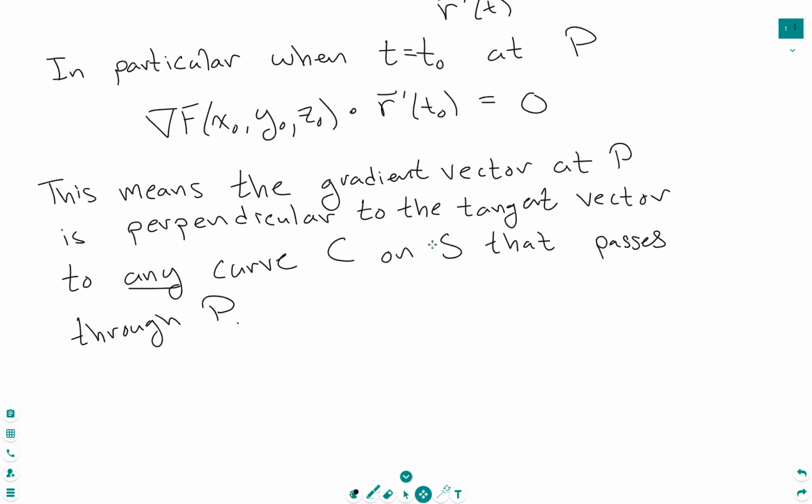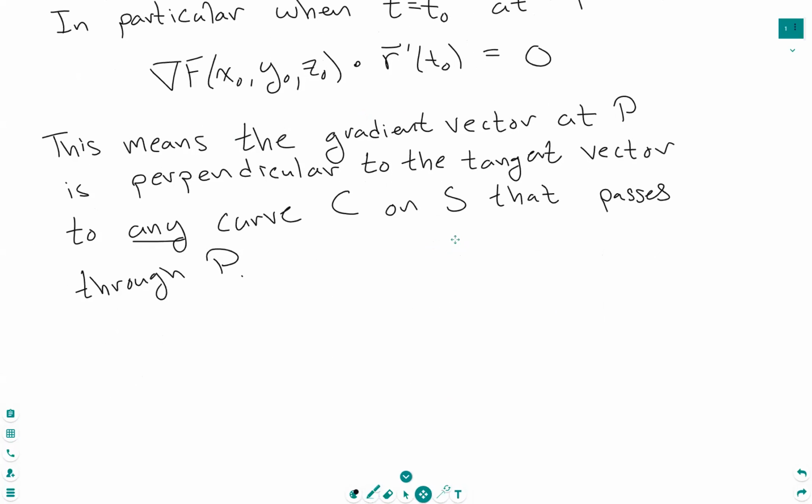But regardless of what path we chose, this gradient vector is always going to be perpendicular with it.